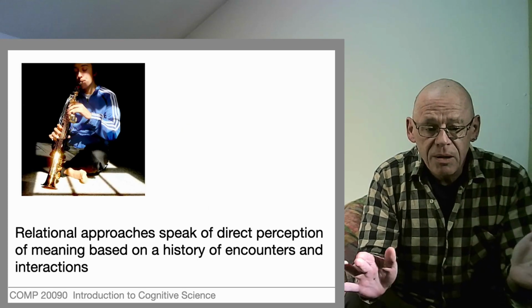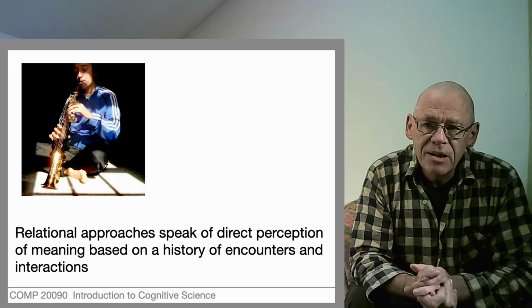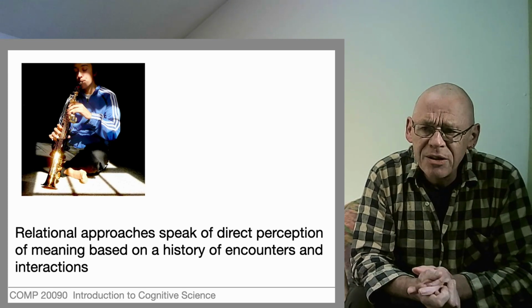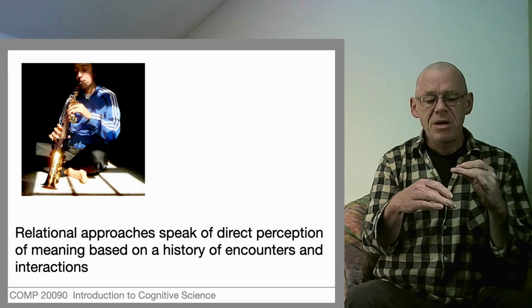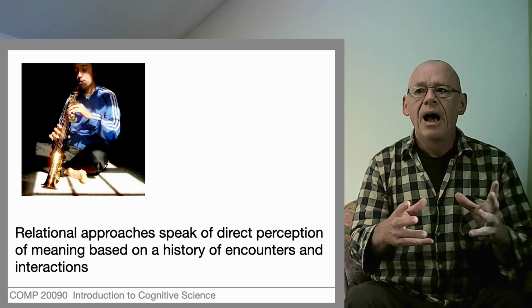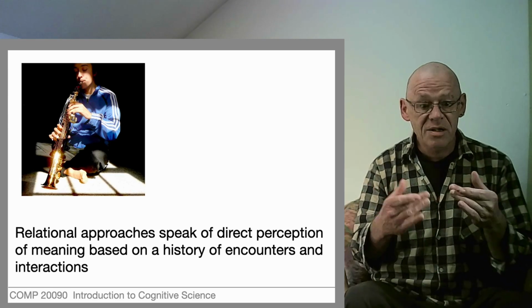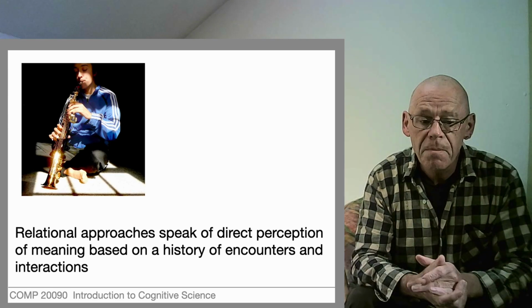framework? Well, this is perhaps less visual, but here's a person playing the saxophone. And when they come to the saxophone, they make meaning with their fingers and with their lungs and with the saxophone. There's a sensory component to this, in touching the saxophone and hearing the sound, maybe even in seeing it.